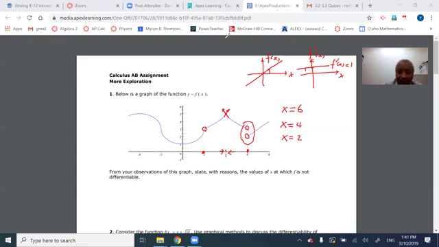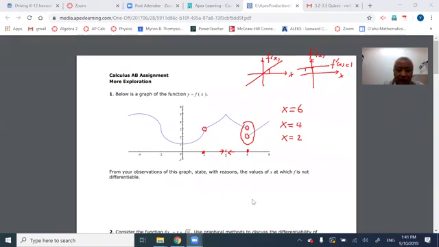Even though at this point there is no gap and it is continuous, since it is a sharp corner, the left derivative and the right derivative are not the same. So it's not differentiable at this point, and also at x equals 2. So let's move on to the next question.